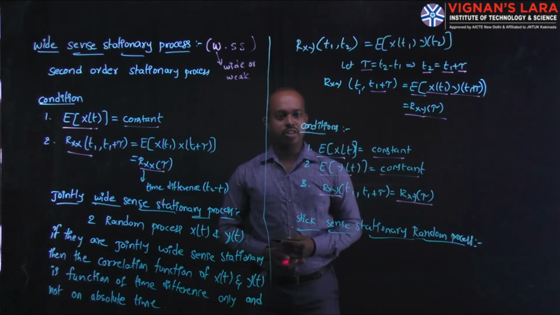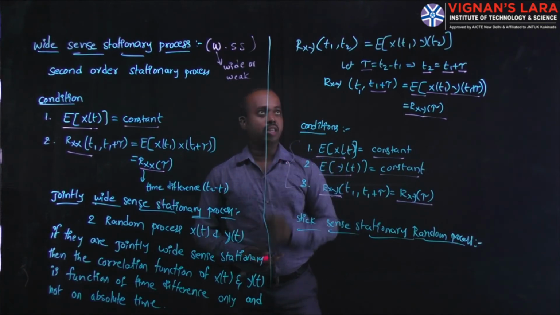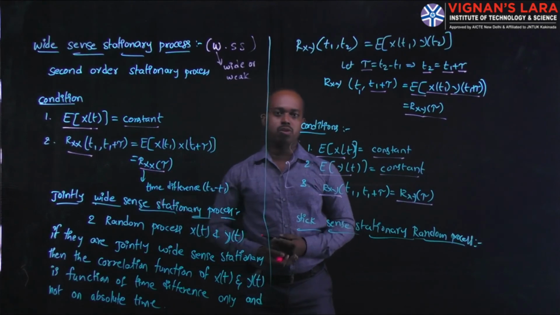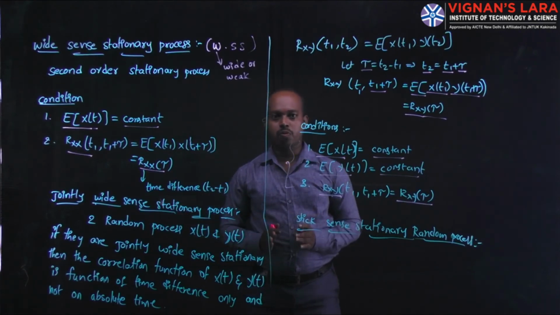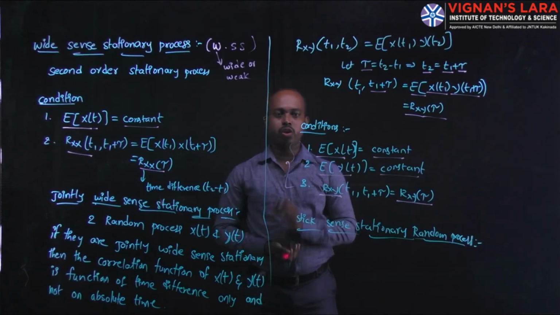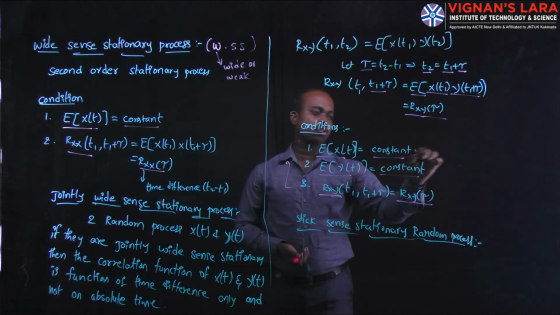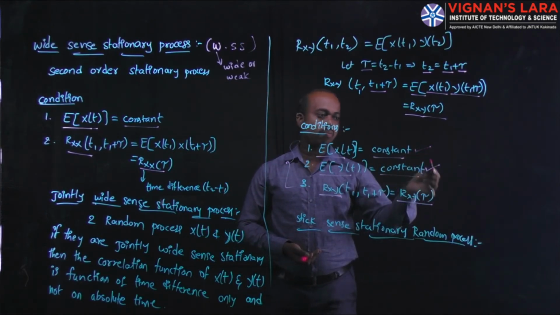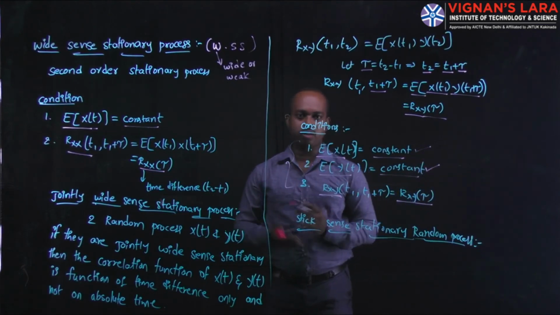These are the conditions for the random process to be jointly wide sense stationary. So you need to check whether x(t) has a constant mean, and whether y(t) has a constant mean.